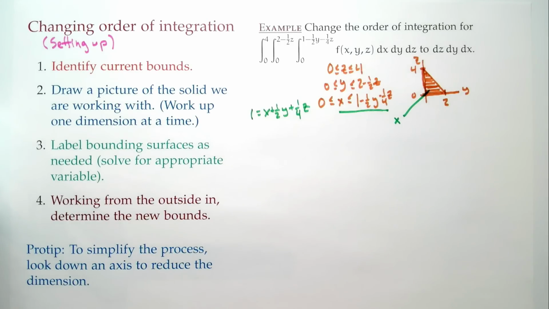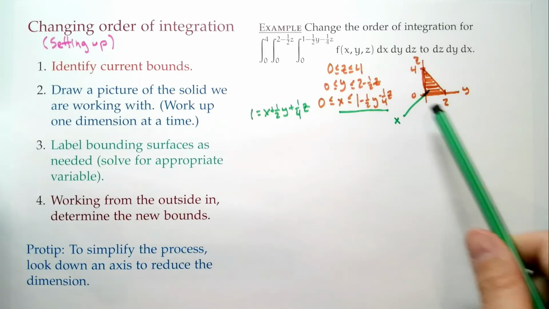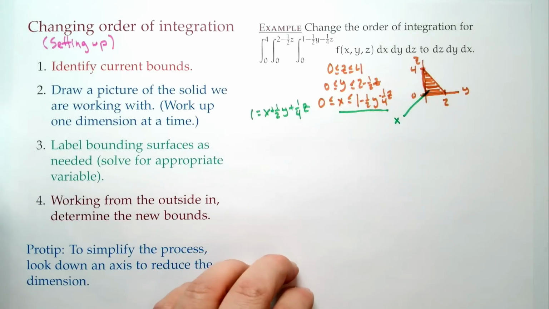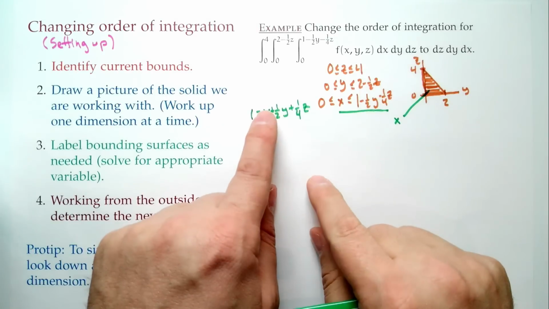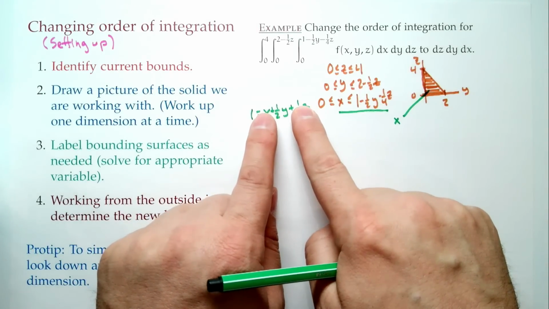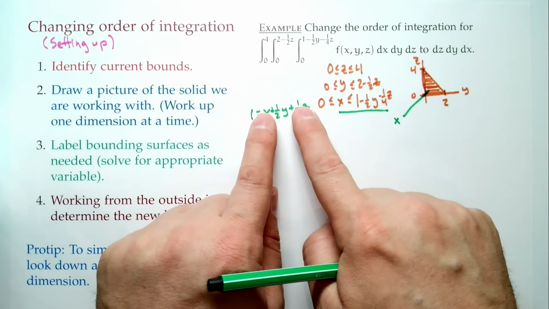Now, you might say, well, how do we sketch a plane? And oftentimes, a good way to sketch a plane is to say, let's see where it hits the axes. So, where will I hit the y-axis? Well, to know where I hit the y-axis, you cover up the x and you cover up the z. When does 1 equal half y?